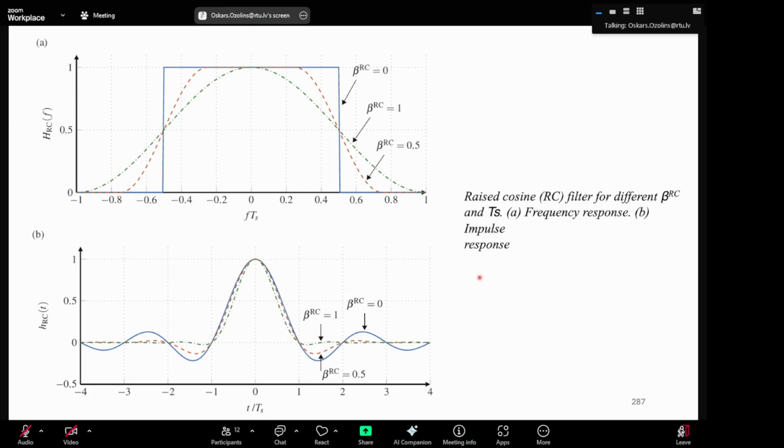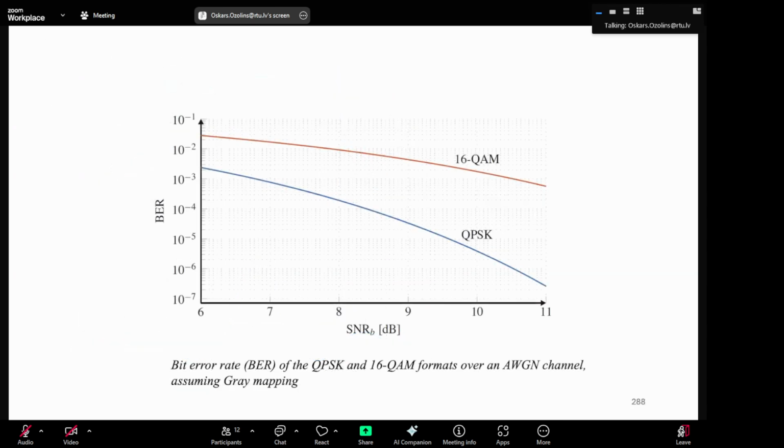So you get impulse and impulse response and frequency response. These are the things one could optimize. This is all done just to increase the spectral efficiency, and it also impacts what type of modulation.